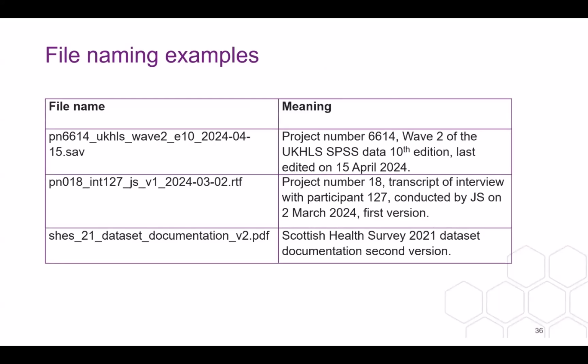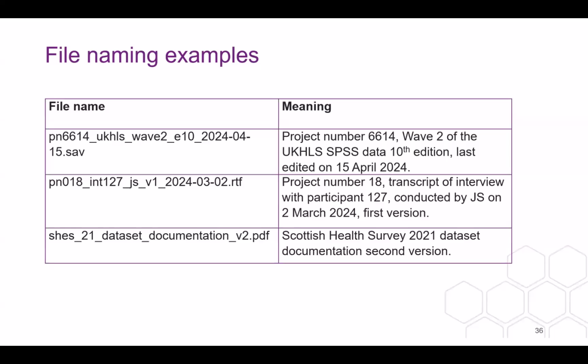So a good file name should be clear, consistent, and easy to interpret. We recommend avoiding spaces. Instead, use hyphens or underscores, as I mentioned earlier, between words. So, for example, a file name might begin with project number followed by the study name, the wave or edition of the data, and then the last edited date in a consistent format such as year, month, and date.